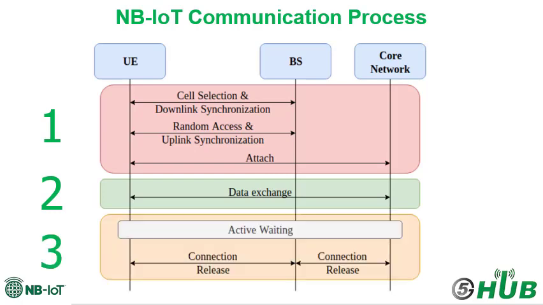After the data transmission, devices remain connected to the network for a specific amount of time called active waiting. This feature was initially designed to avoid having to repeat the connection establishment process when the devices exchange data within short periods of time.